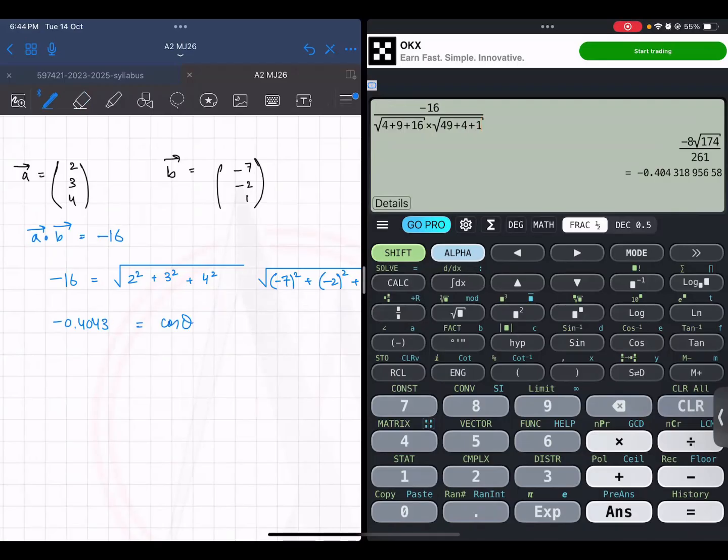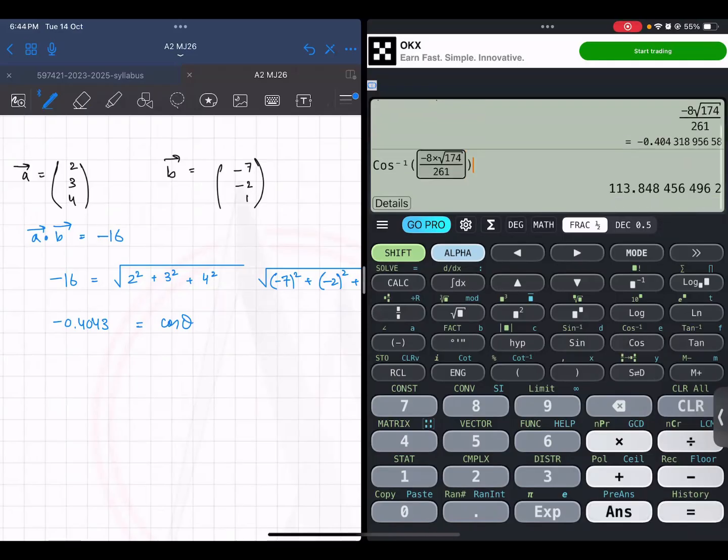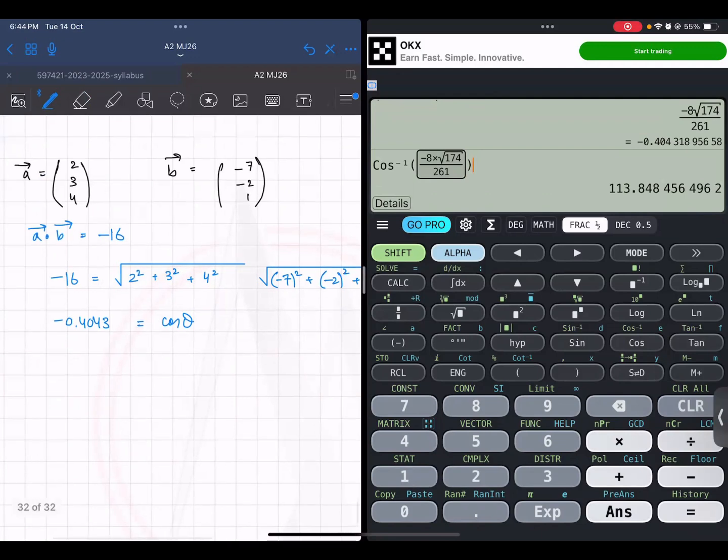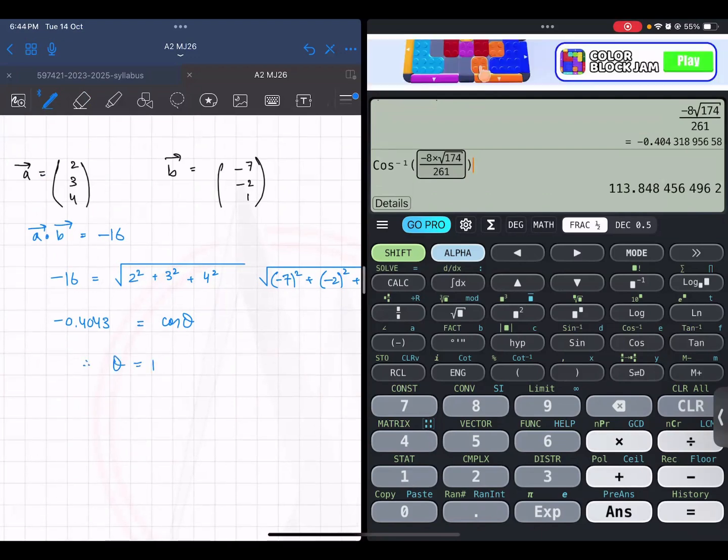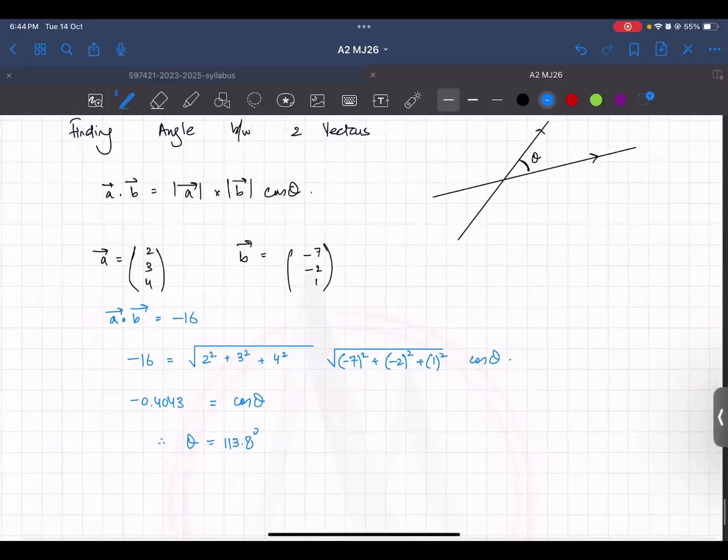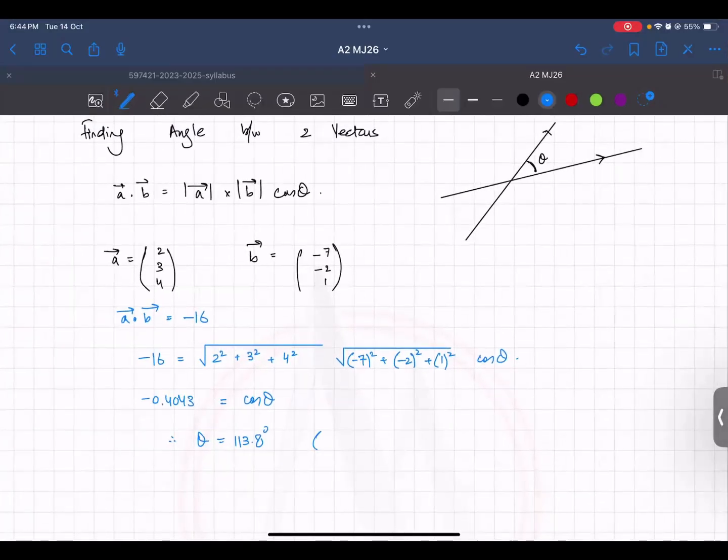Now you move the cos to the other side. So cos inverse of this answer is 113.8. This is the angle between the two vectors. This is the obtuse angle. If they ask you for the acute angle, you just subtract it from 180: 180 minus obtuse.